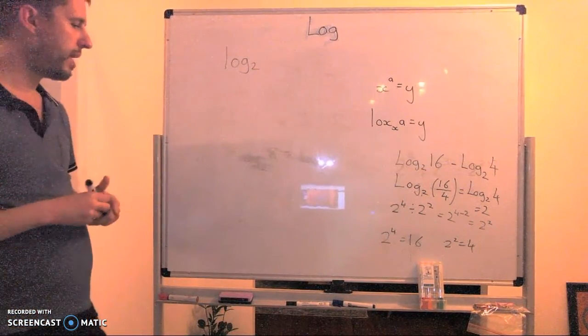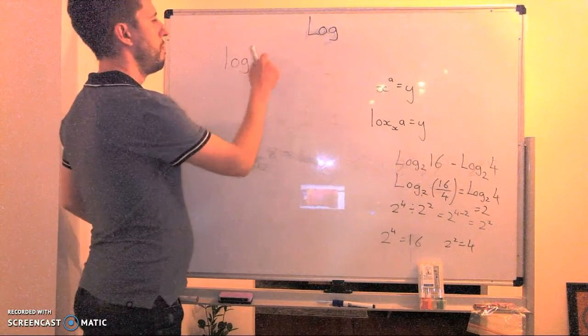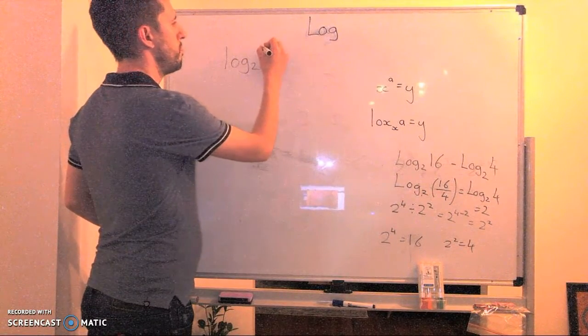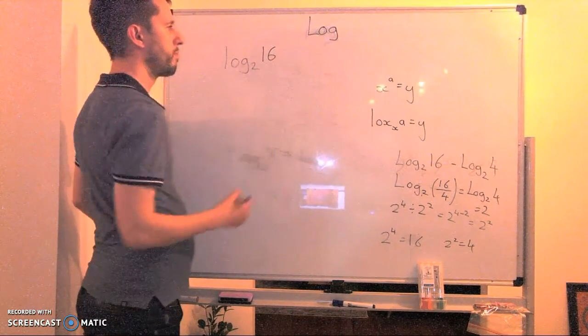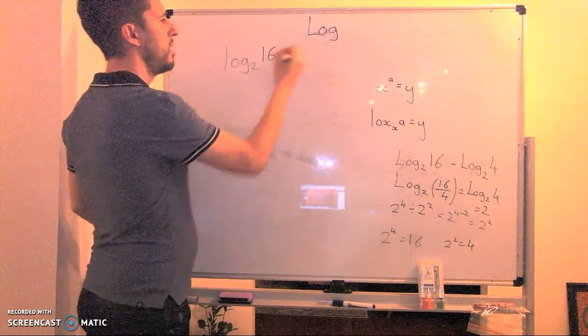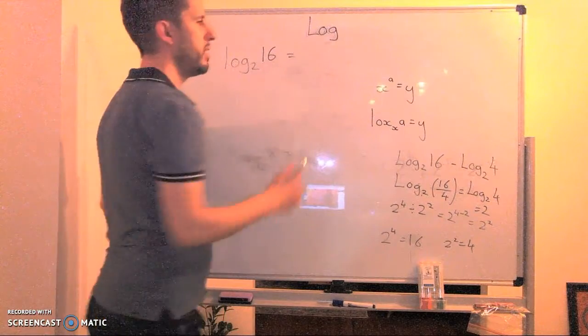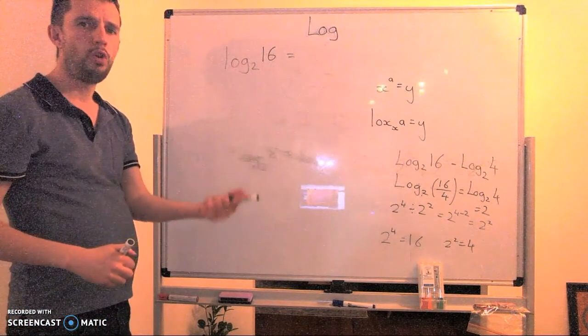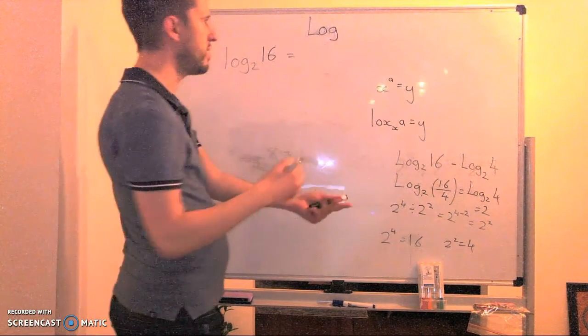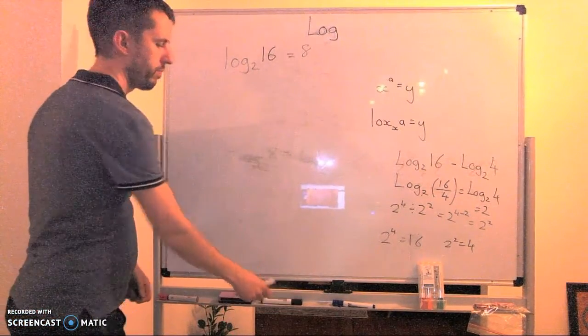So log base 2, I am going to make it 16. Log base 2 of 16. So that just means it's going to be 2 times 2 is 4, 4 times 2 is 8, 8 times 2 is 16. So the answer is 8.